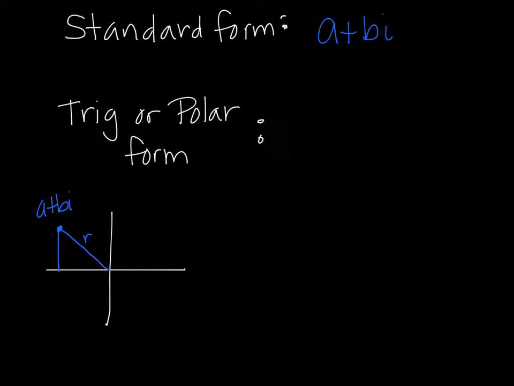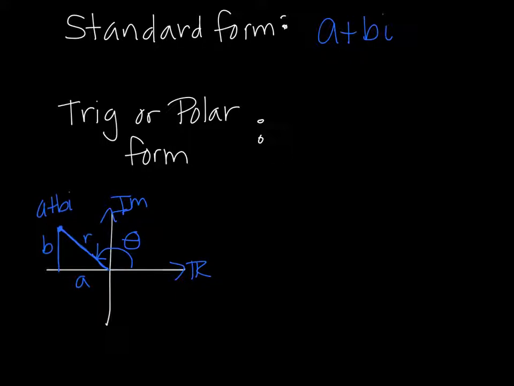And we've got the triangle where this is length a and this is length b. And I want you to notice that there's an angle right here formed when we make that line from the point to the origin, and that angle we'll call theta. Not a surprise, right? So remember, this is the real axis, this is the imaginary axis.